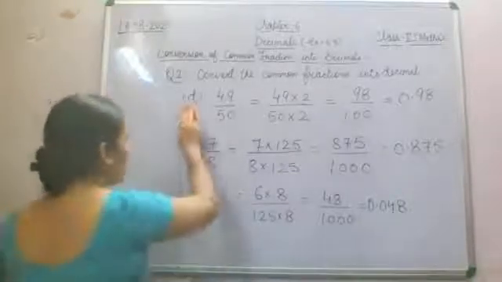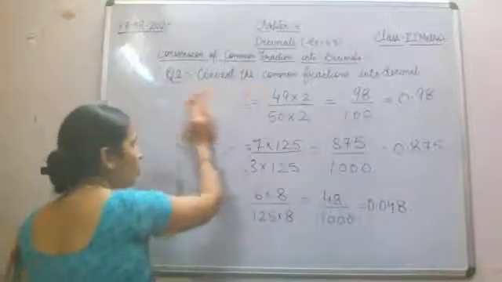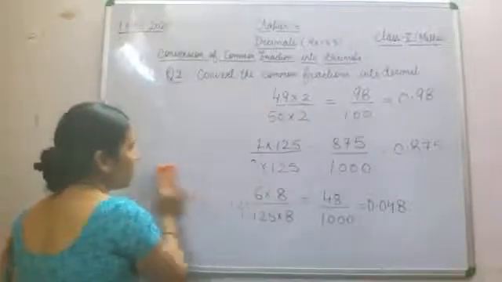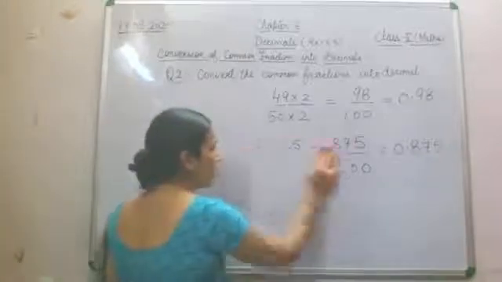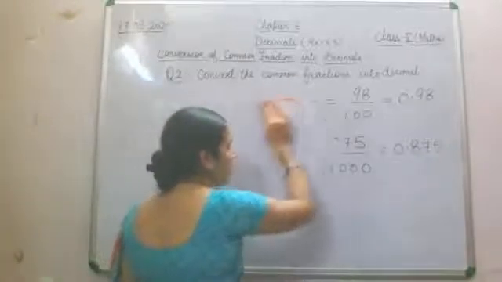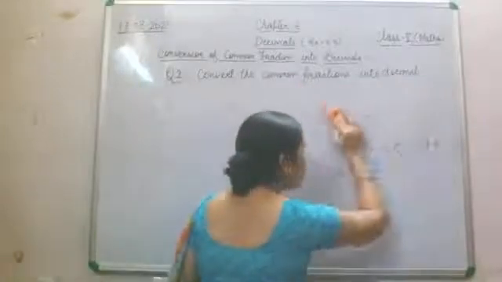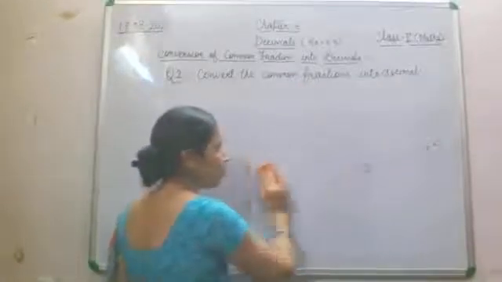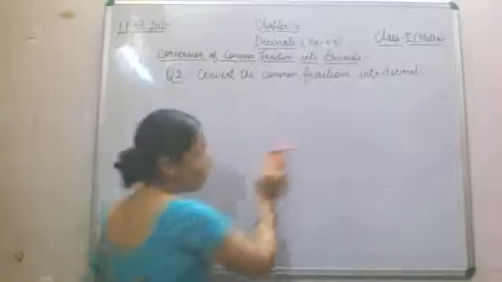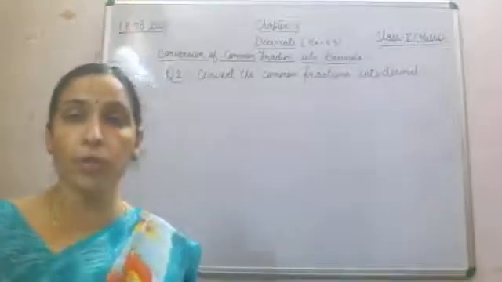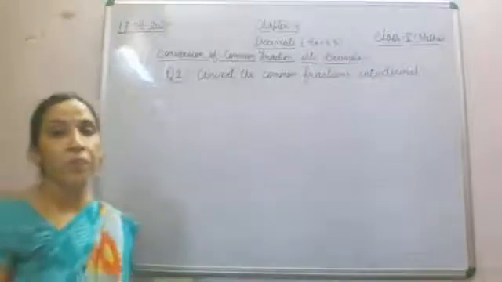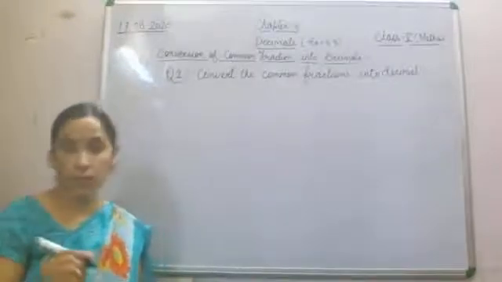So let's do a few more questions of this concept. Remember the concept: you require 10, 100 or 1000 to convert a fraction into decimal, because whenever you have 10, 100 or 1000 in the denominator, only then can you count that many decimal places and put the decimal.